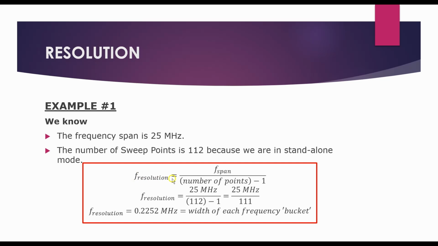The resolution is equal to the span divided by the number of points minus 1. The span is 25 megahertz. Number of points is 112. We end up with 25 over 111. So the resolution is 0.2252 megahertz, which is the width of each frequency bucket.